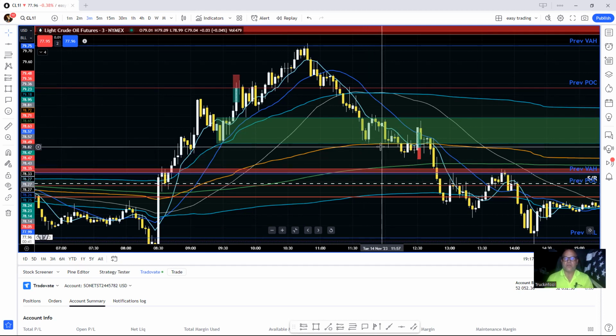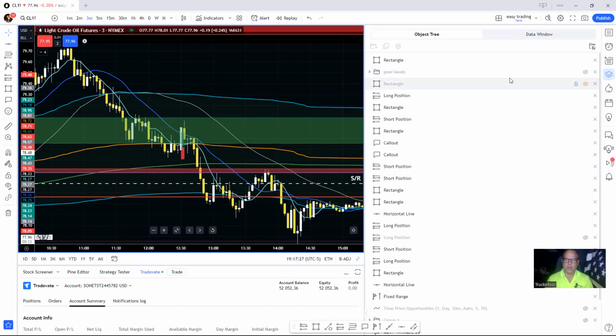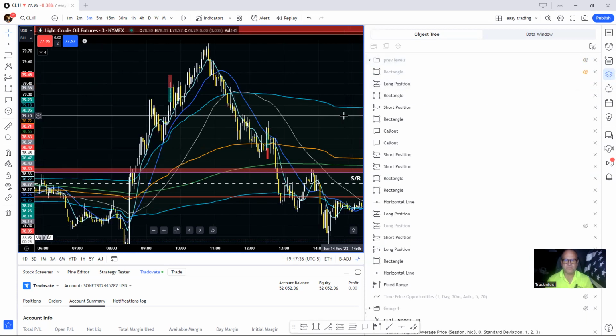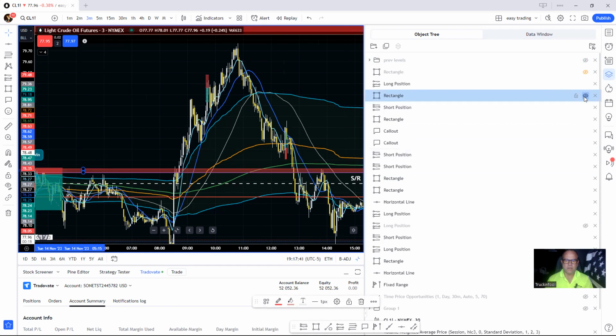So that is pretty much it. I am going to hide all of my previous levels. I am going to delete that command zone. We're going to delete that one.